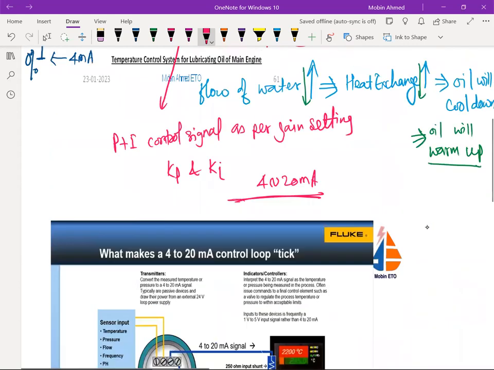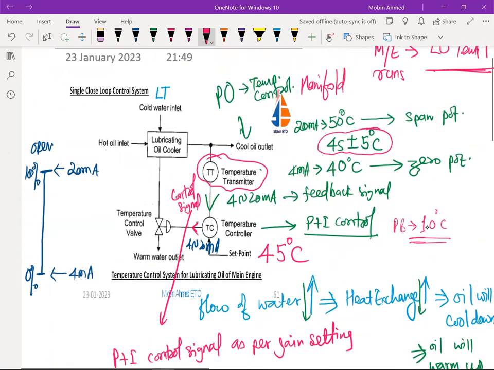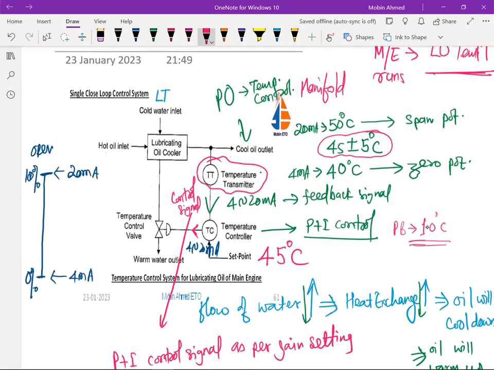Now put the temperature transmitter sensor into the temperature calibrator.